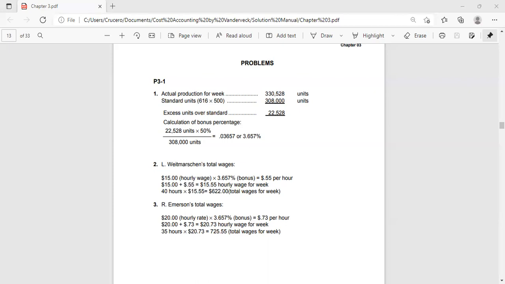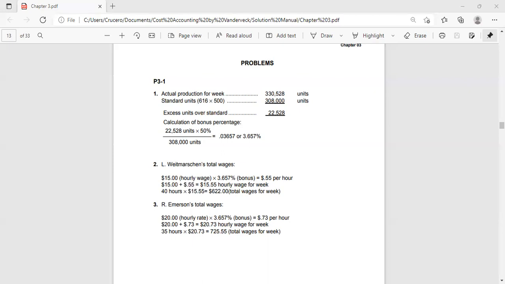We add 20 plus 0.73, we have the hourly rate for the week, and we got 35 hours worked, and you multiply that by the hourly rate for the week. So 725.55, that's the total wages for the week.